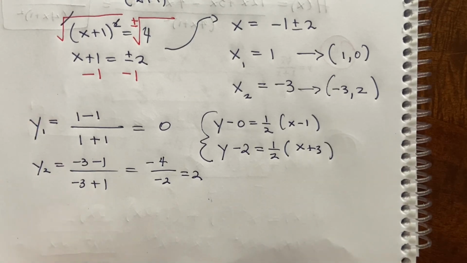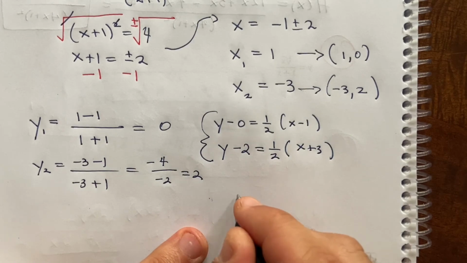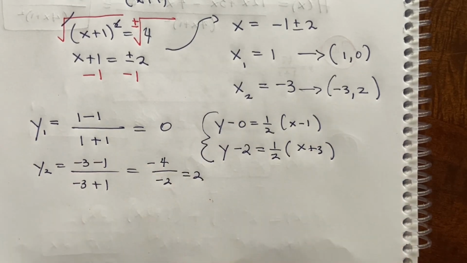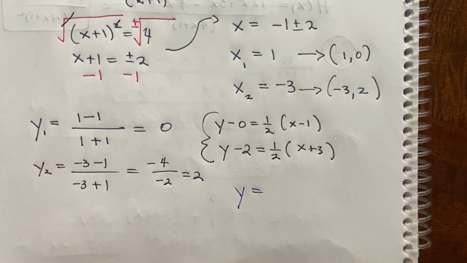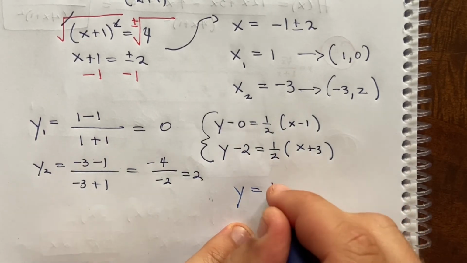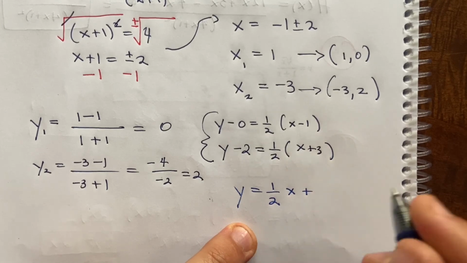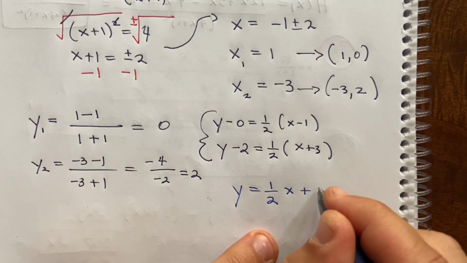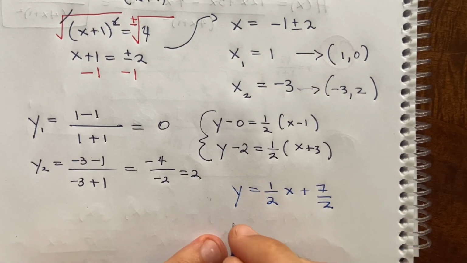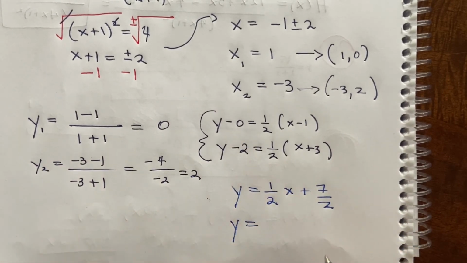And in slope intercept form, and that's how I'll leave it actually, I'll write this in a different color. We'd have y equals 1/2 x plus 7/2. That's actually the second one. And then we would have y equals 1/2 x minus 1/2.